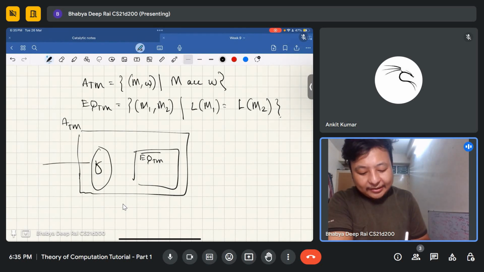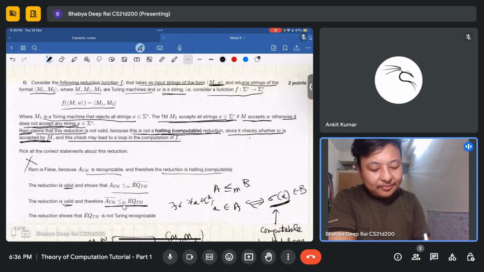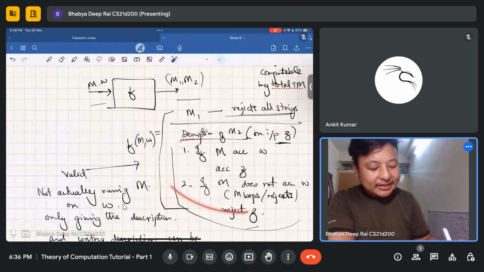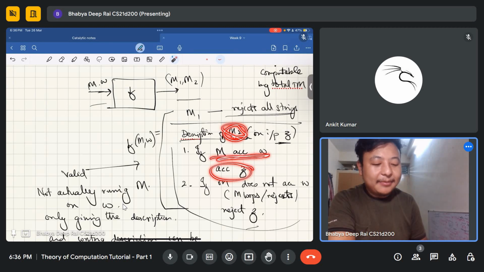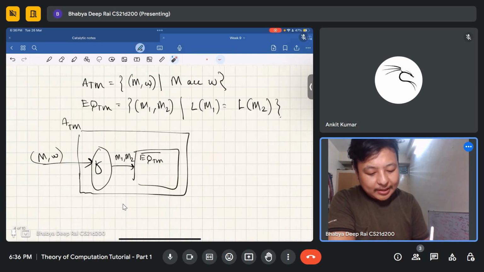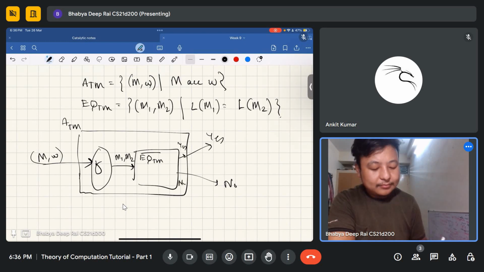ATM takes M and w. f translates it into M1, M2 such that M1 and M2 satisfy these properties: M1 rejects all the strings, and M2 accepts all the strings only if M accepts w. And so this says yes or no whenever EQTM says yes or no.